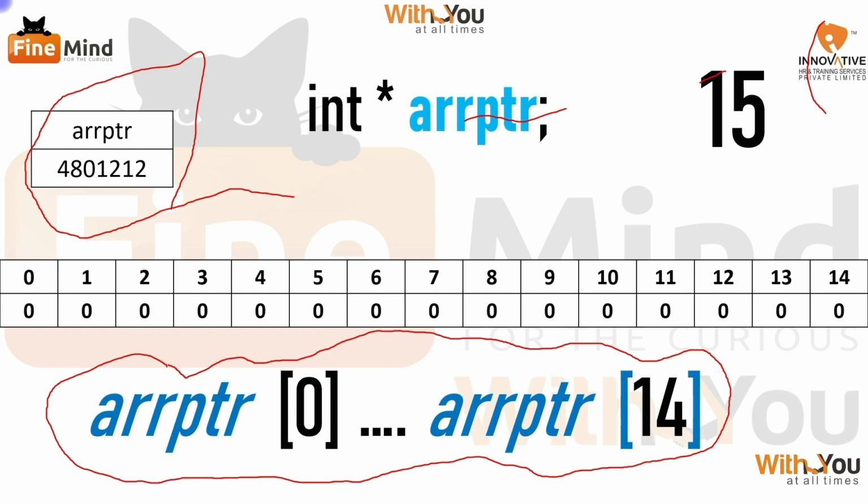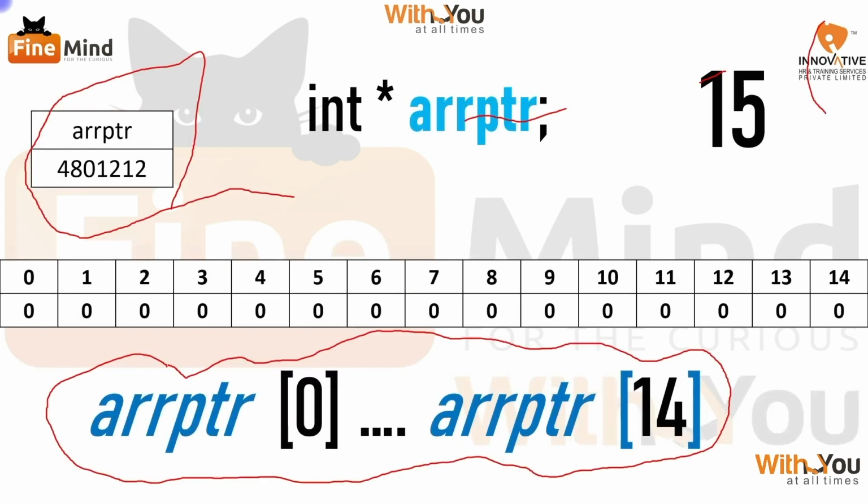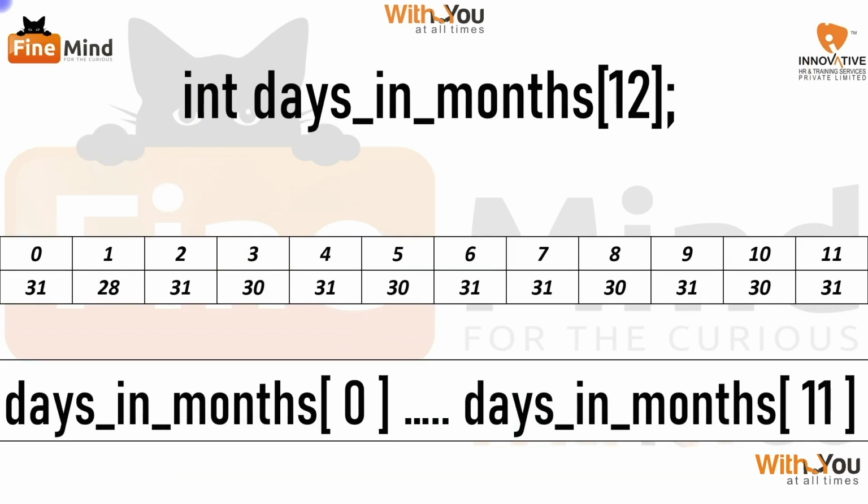Both of them are arrays. Absolutely, there is no difference. Right? So the only visual difference between this and this is this one additional box, which is called the metadata. The arr ptr is metadata. And what is that one additional thing you have? You can free it when you do not want it.